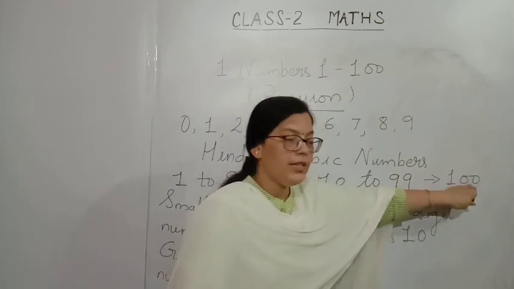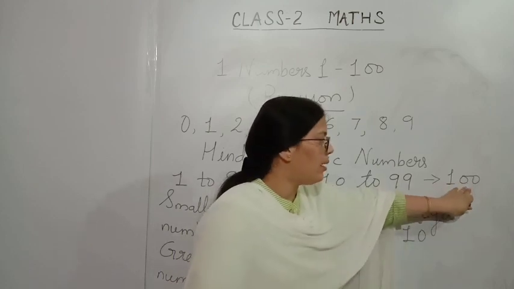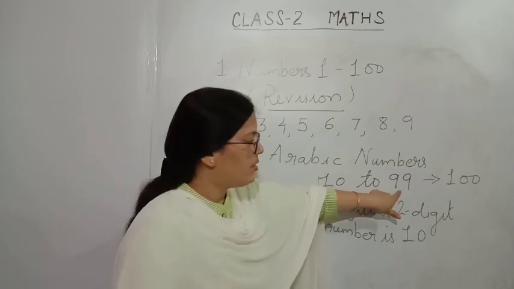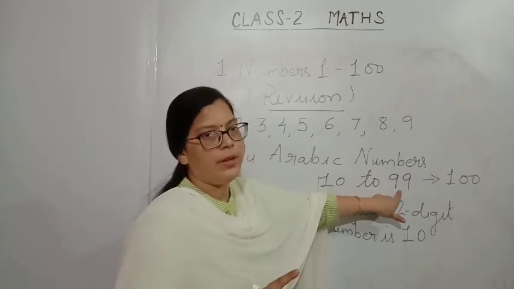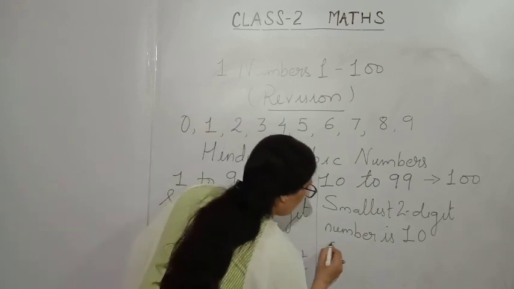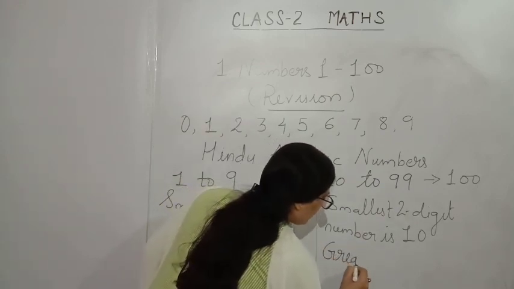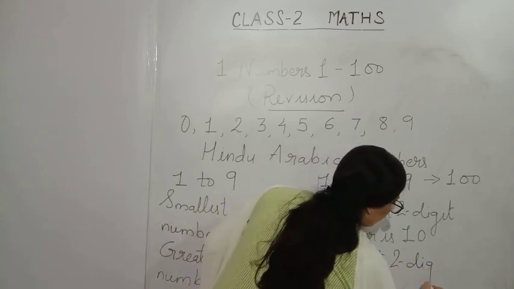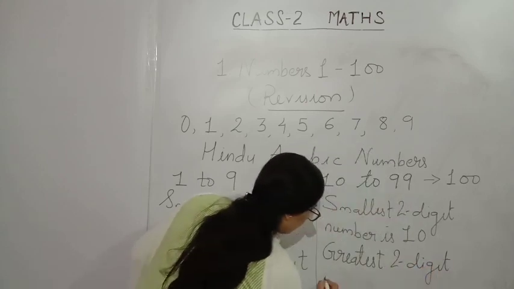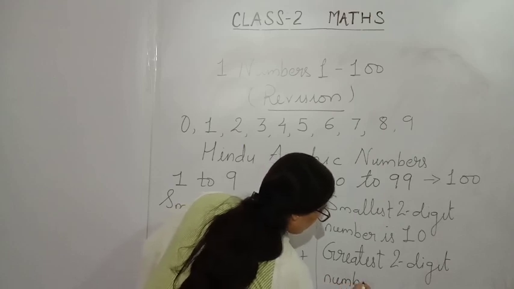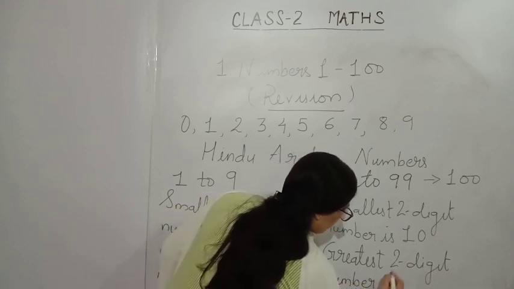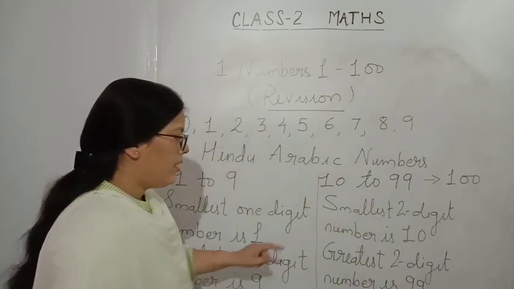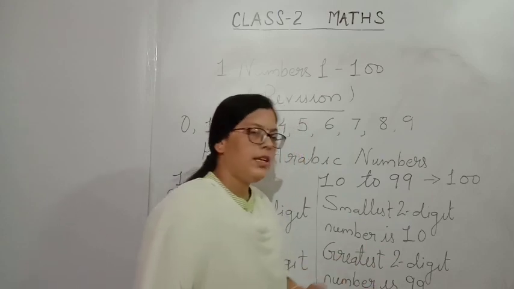So this is a 3-digit number, and the last 2-digit number is the greatest 2-digit number, that is 99.